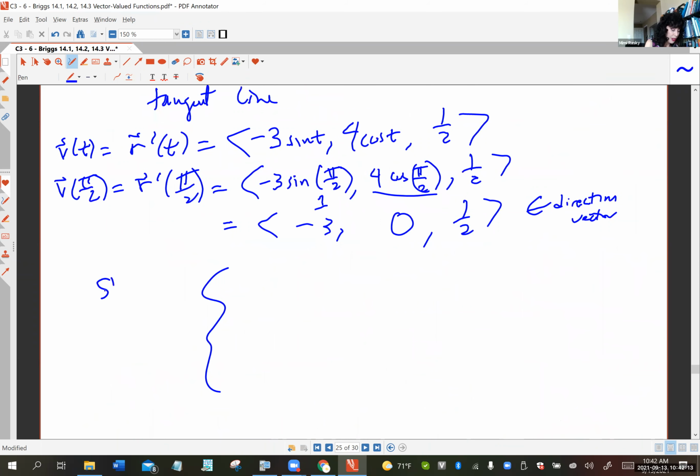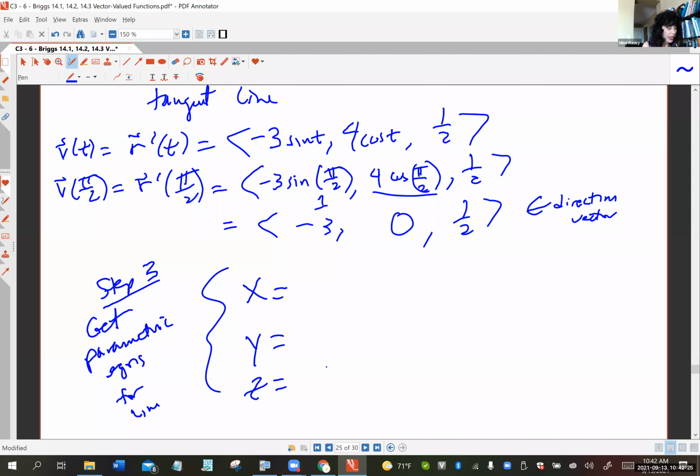So my step 3 is put it all together and get the parametric equations, because you have everything you need now for your line. So you want to go x equals, y equals, z equals, and then put the coordinates of your point, 0, 4, pi fourths, plus the direction numbers, negative 3t, 0t, and a half t.